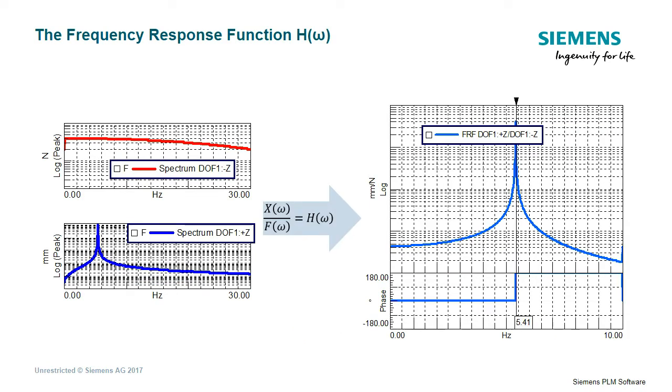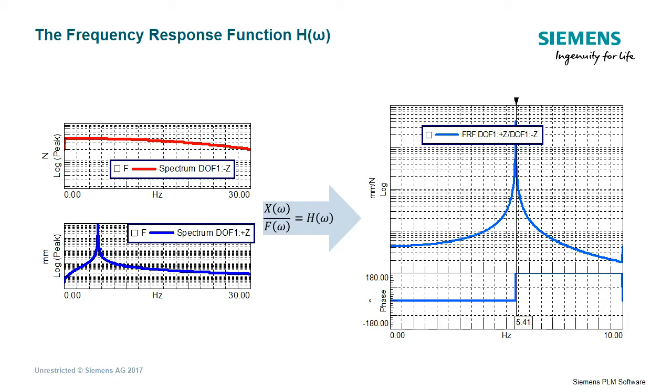By taking the ratio between the output and input in the frequency domain, we obtain what is generally known as a frequency response function, which is a description of how the system would respond to an input.